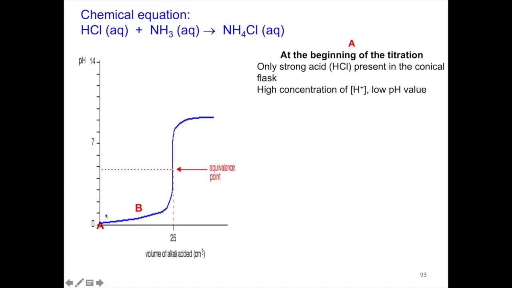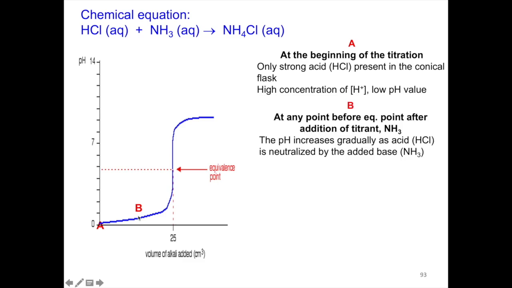Right, next is point B. This is any point before the equivalence point after additions of titrant, which is NH3. So as you add base into the acid, what happened to the pH? The pH increases gradually as the acid is neutralized by the added base.